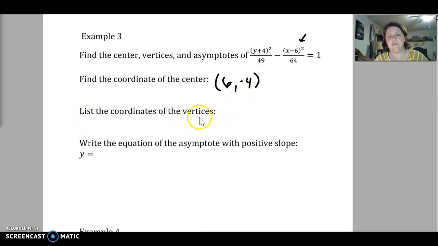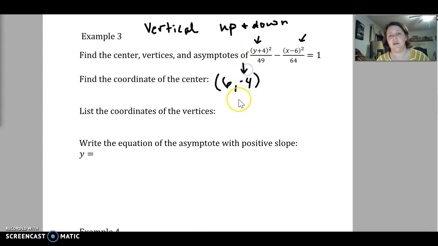List the coordinates of the vertices. Well, in this case, this is a vertical hyperbola. So it is going to open up and down. Also, since the y comes first, it's going to be the y values of the center that change to form the vertices. We're going to use the a value that comes underneath y to change that center to the vertices.